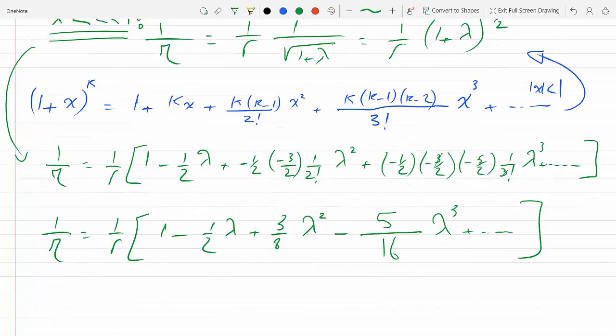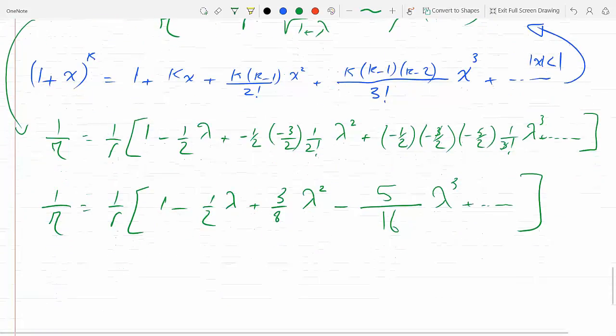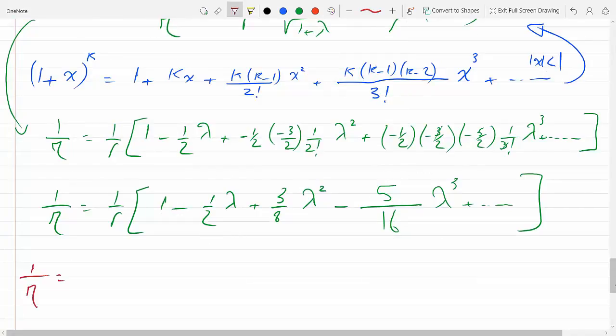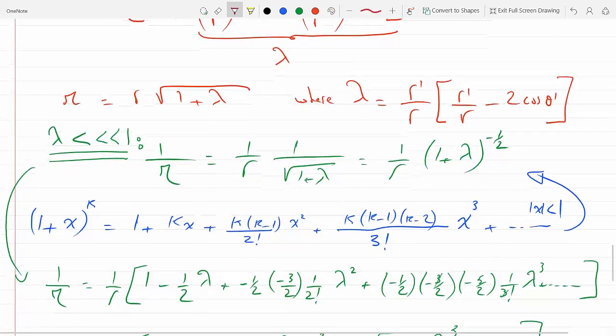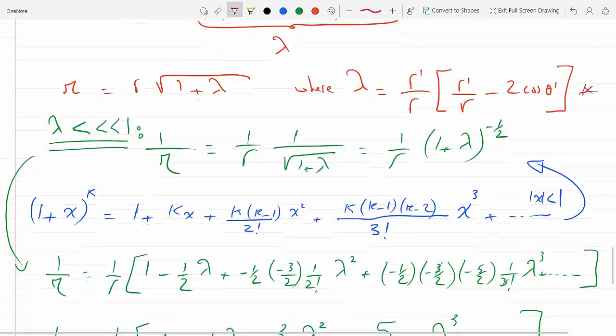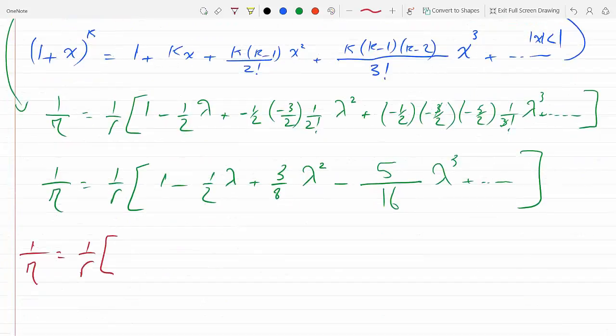Okay, so let me bring my lambda back now and plug it in for what it is. Remember, lambda was r prime over r, this right here. Alrighty, so why don't we do that?